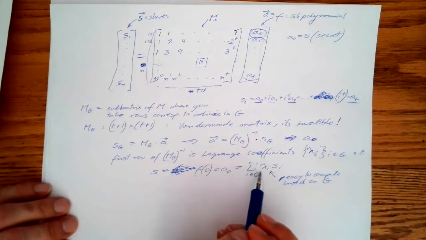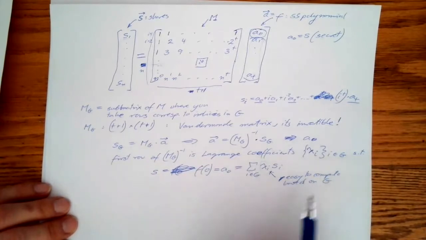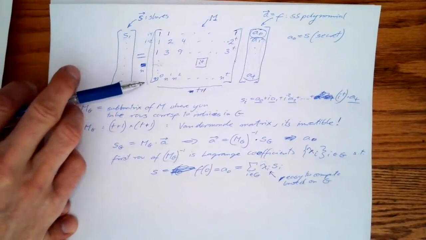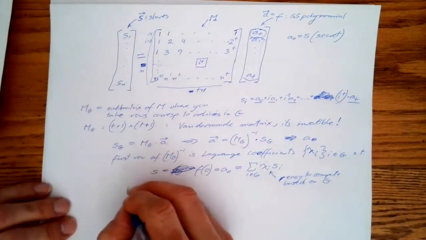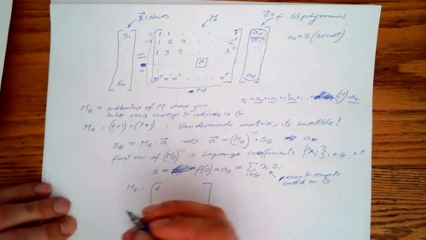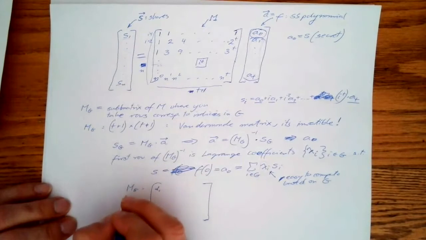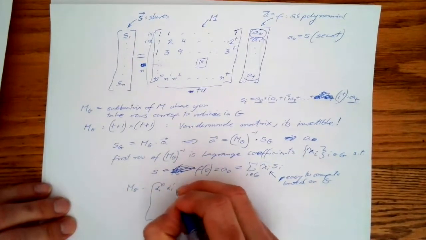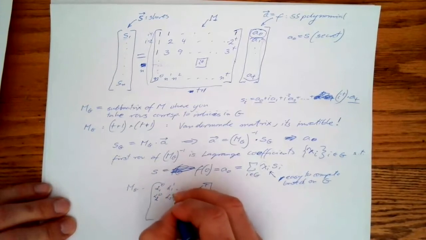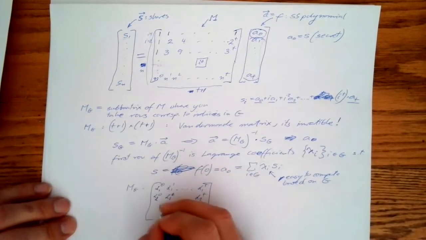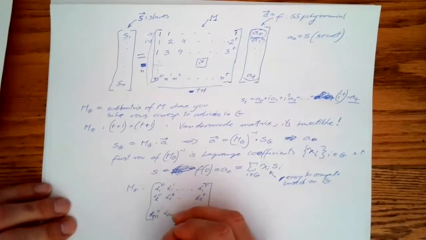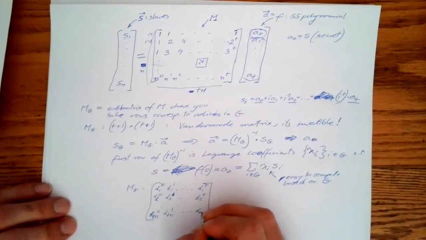No. The lambda_i's are, for any submatrix G, M_G always looks like this: the first evaluation index to the power 0, to the power 1, up to the power t.